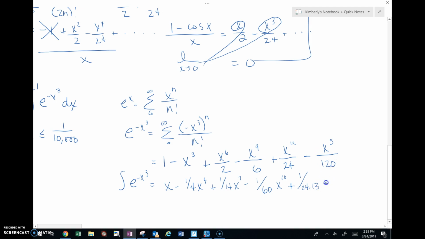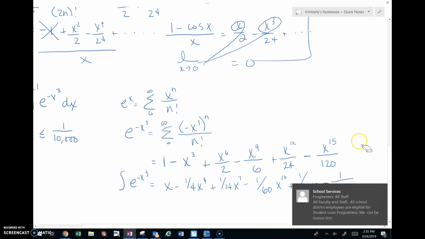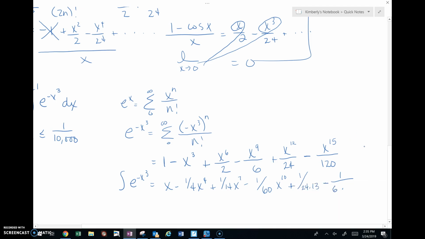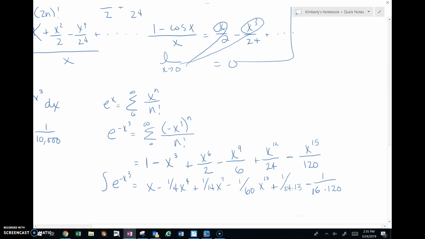When I integrate that term, I have 1 over 16 times 120. 16 times 120, and I've got a pretty good idea that's going to take us over, nope, 1920, not there yet.